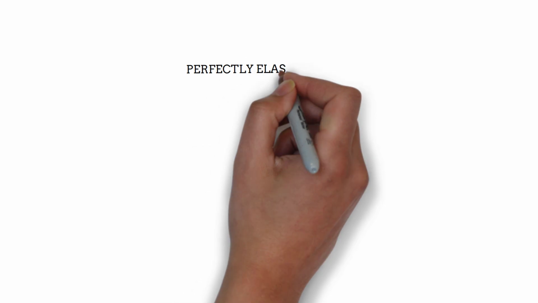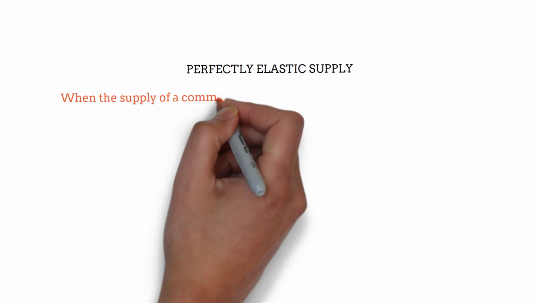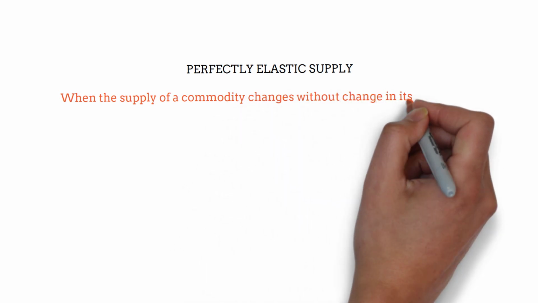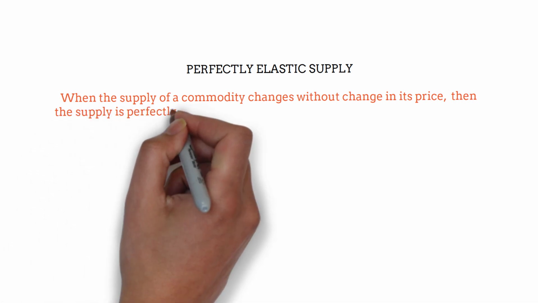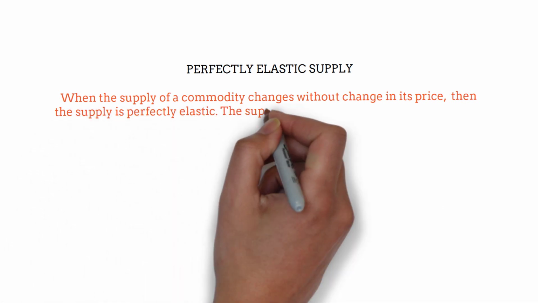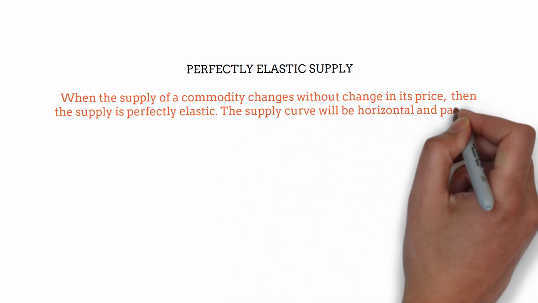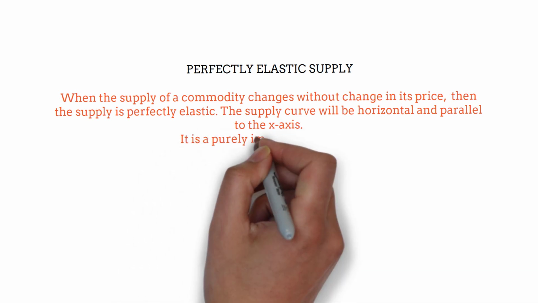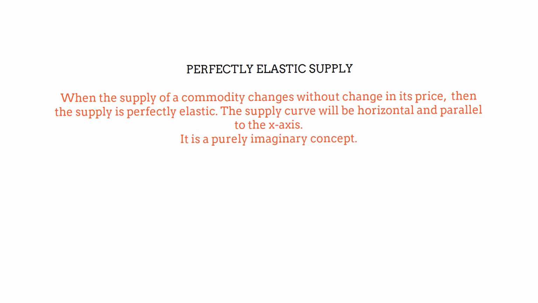Now let's talk about perfectly elastic supply. Now what does this state? When the supply of a commodity changes, commodity means anything that you're using, say for example fruits, vegetables. When the supply of a commodity changes without change in its price, then the supply is perfectly elastic. The supply curve will be horizontal and parallel to x-axis.